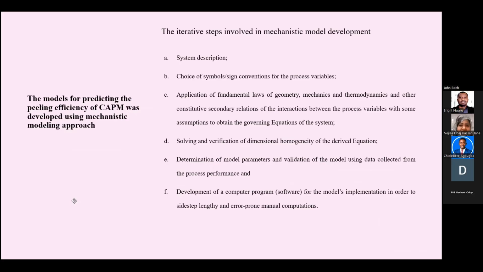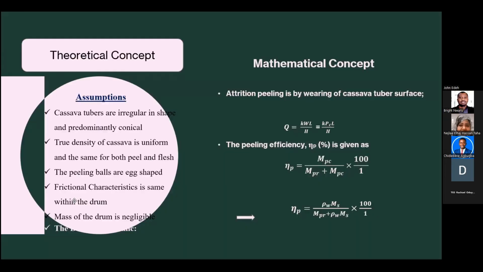So we did screening to know the ones that are significant and their level of significance. That informed us to come up with the major significant input parameters used in the study. Then the application of fundamental laws of geometry, mechanics, thermodynamics, and constitutive relations. Of course, I said I'm not going to bother this house with most of the technicalities. So these are the steps we actually took to arrive at this.